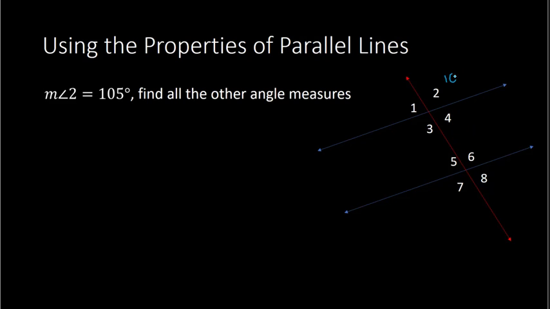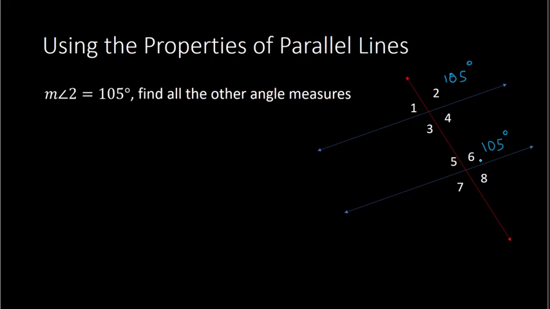So if angle 2 is 105 degrees, we can use this because we know that the corresponding angles will be the same. So if this is 105, then angle 6, which is also corresponding, would be 105 degrees as well. All right.